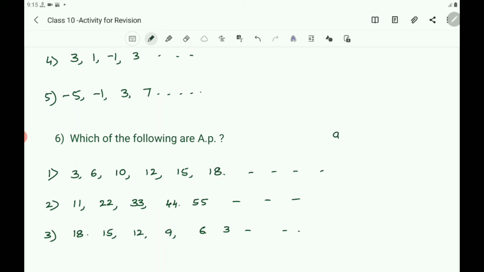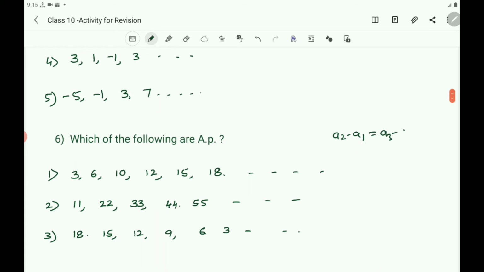So you find A2 minus A1 and A3 minus A2. If A2 minus A1 equals A3 minus A2, then you find the next one, A4 minus A3. And if you got a different value, no need of finding the next. If you got the same, again you find the next one.